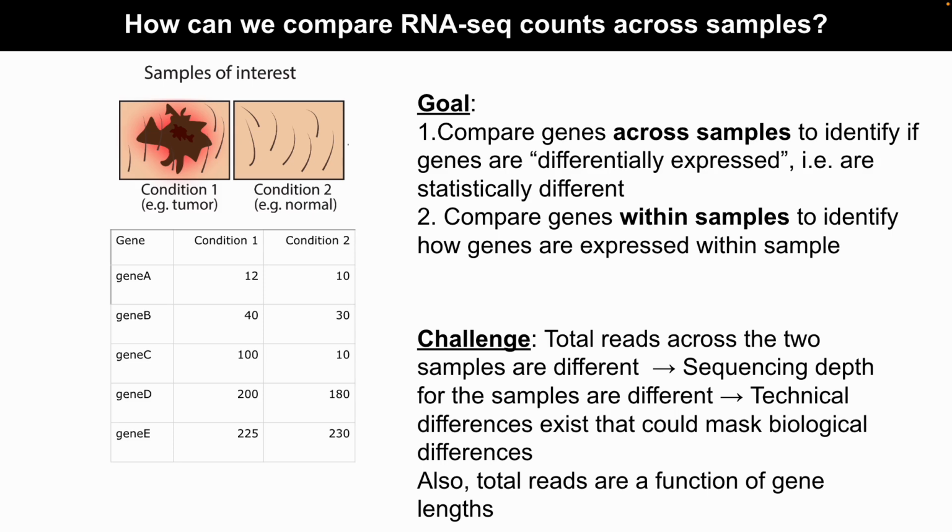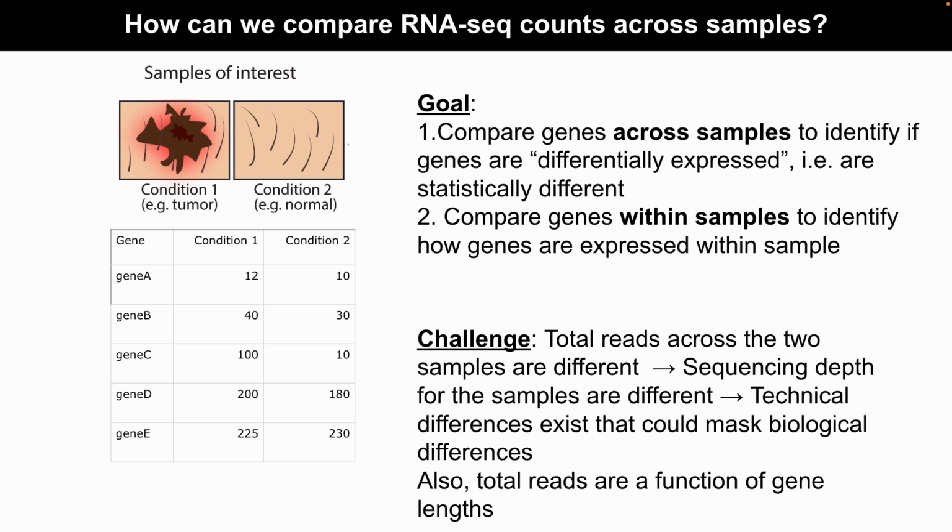Because you need more reads to cover it. So ideally, you would want to control for the fact that different genes have different lengths, because that will tell you how many counts you're getting. So if a gene is getting small counts, it does not necessarily mean that it's a lowly expressed gene.